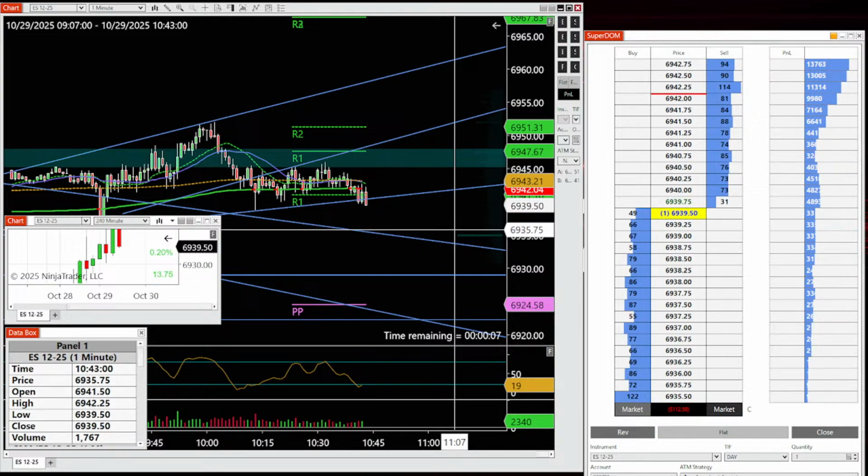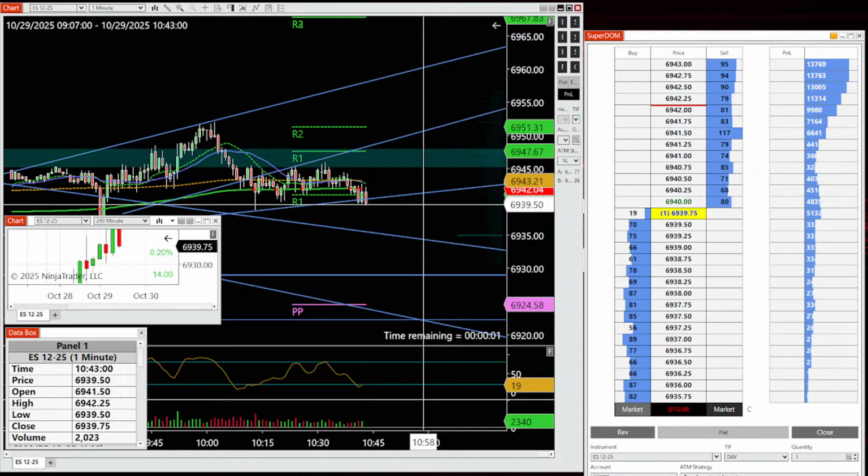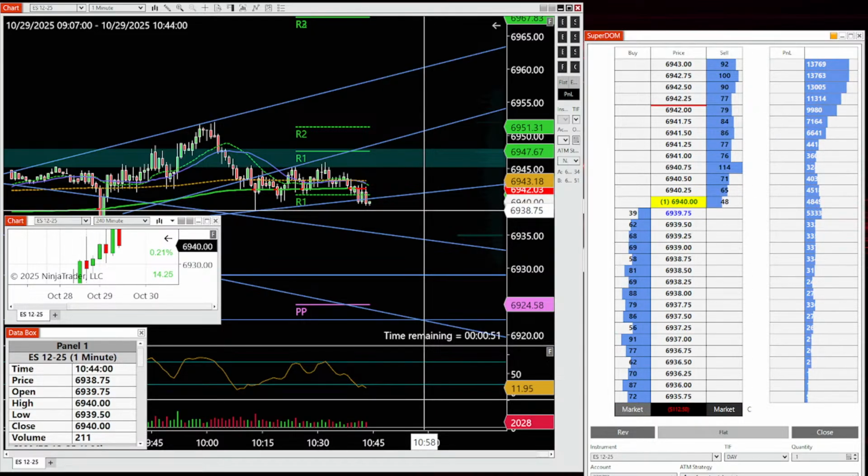Now this might try to get past that 36 down to 35. If this breaks, it could go. But we got 38.75, 38 and 36.